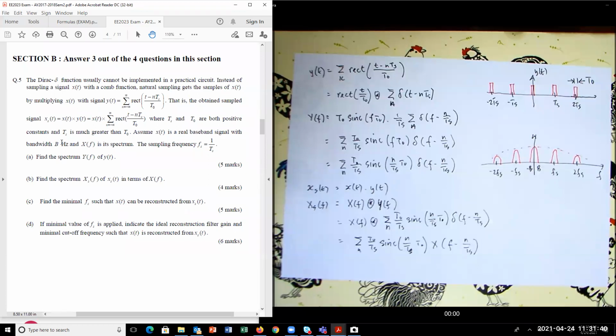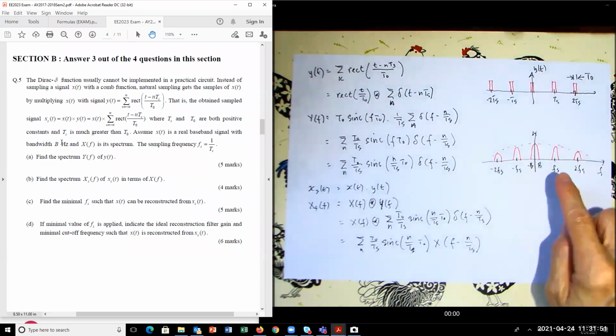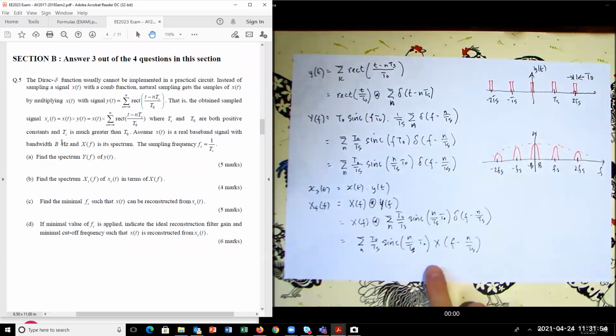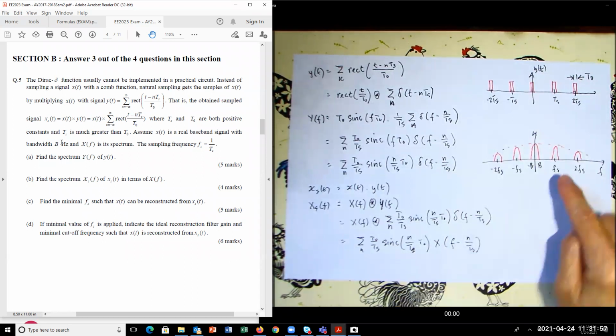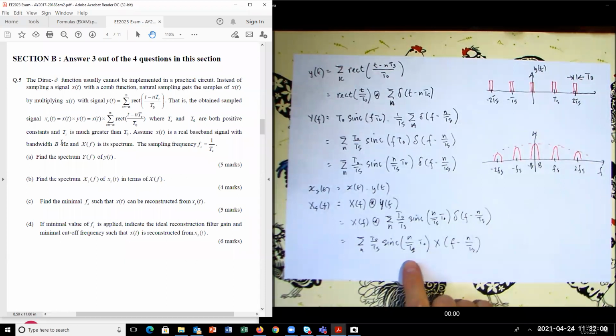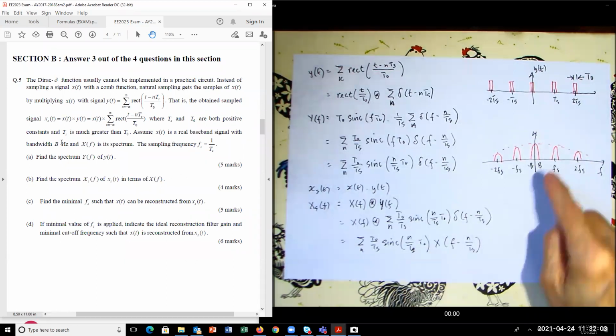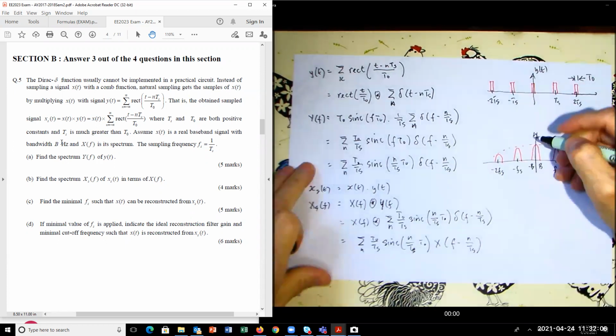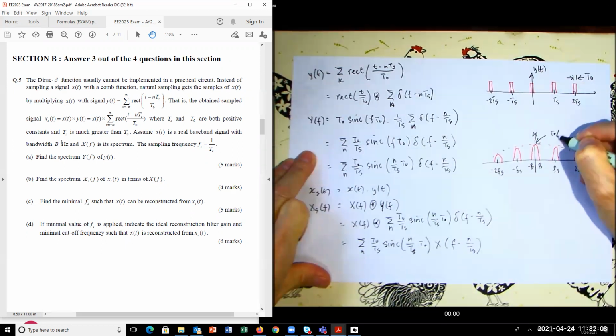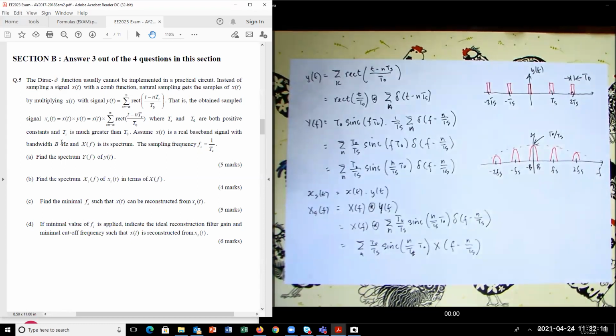And then he says the last part: if the minimal value of Fs is applied, indicate the ideal reconstruction filter gain. You can see that the center part here is scaled by T naught over Ts, because when n equals 0, sinc of 0 is 1. So the height here is T naught over Ts. If you want to recover the original signal, you need an ideal low pass filter of bandwidth B and a gain of Ts over T naught to cancel out the T naught over Ts.